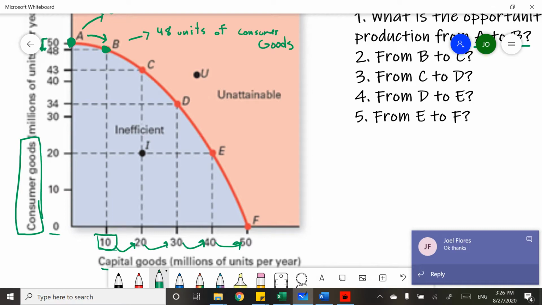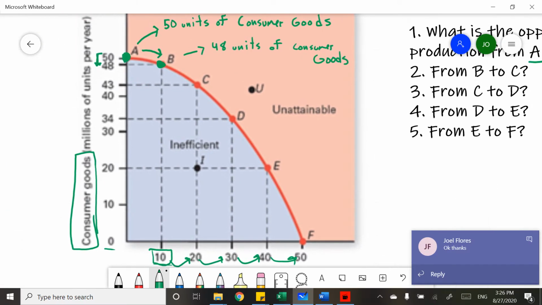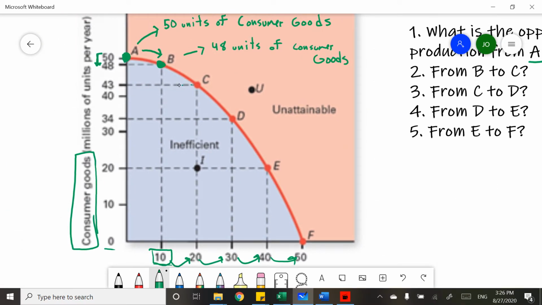So let's go ahead and just do the quick calculations here. All we're going to do is take the numbers that we have here. We have 43, and then at point B we have 34, and then at point E we have 20, and then at point F we have 0. So these are the numbers that we're going to be subtracting.